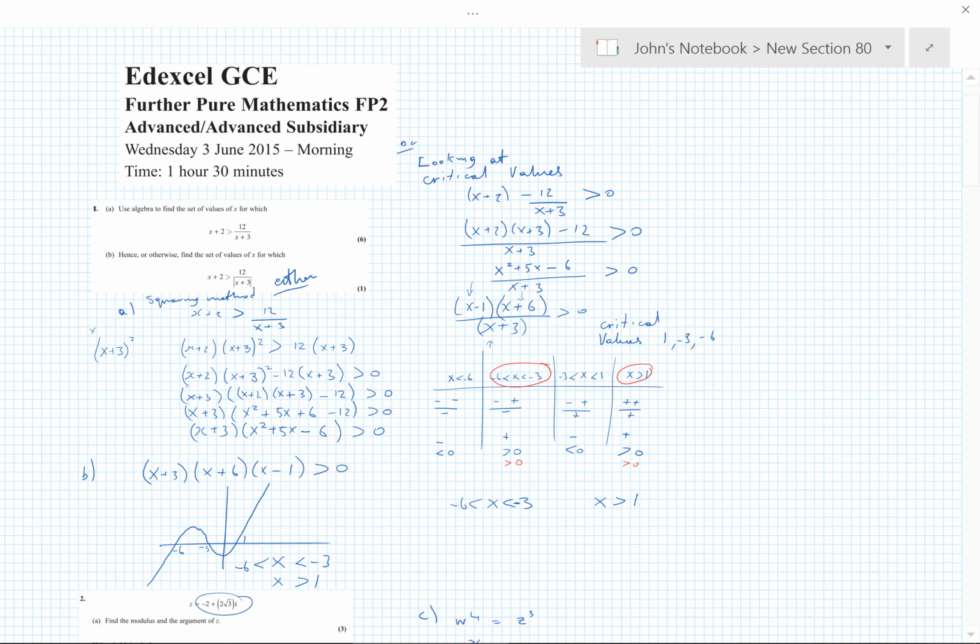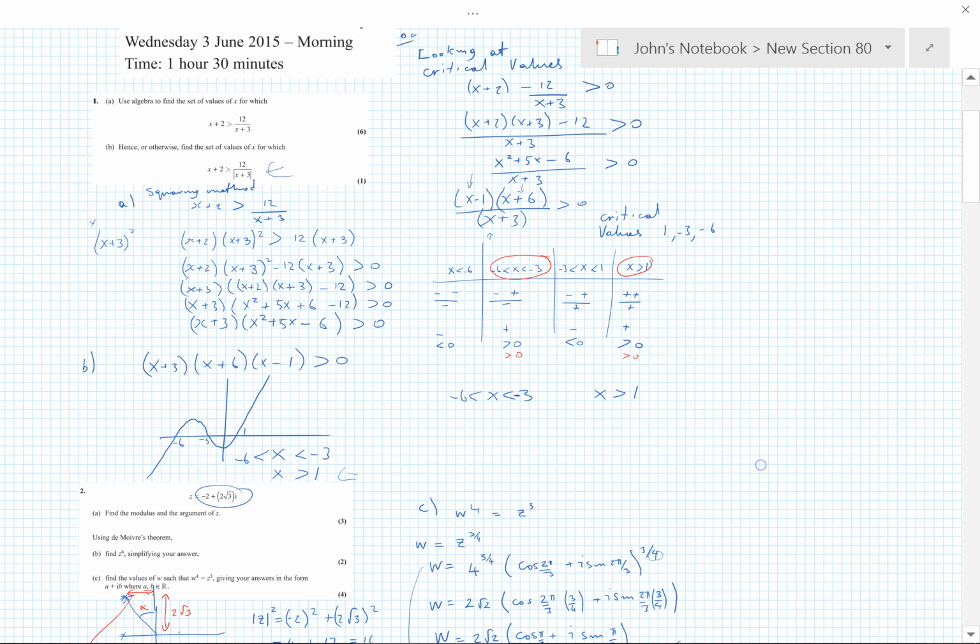The slight twist at the end was that you had to recognise the modulus bit here actually meant that this solution was not valid. So that's why we had that bit to the solution. I think I've actually written it out for part B. Yeah, the answer to part B is x has got to be greater than 1.